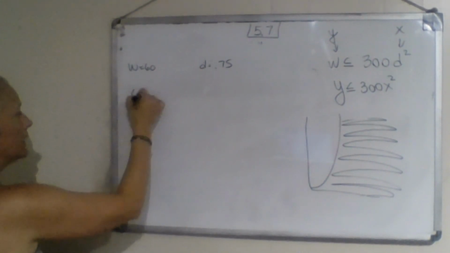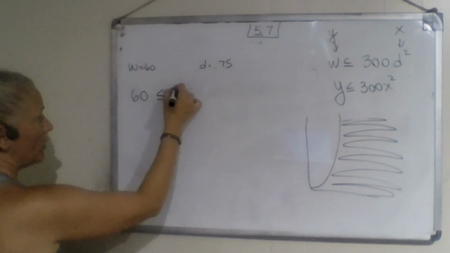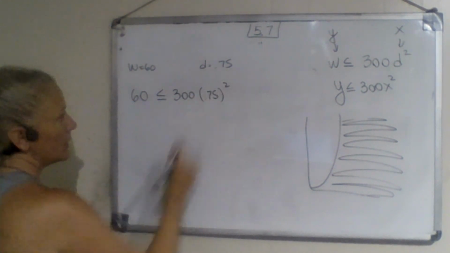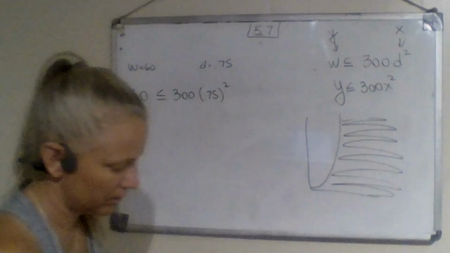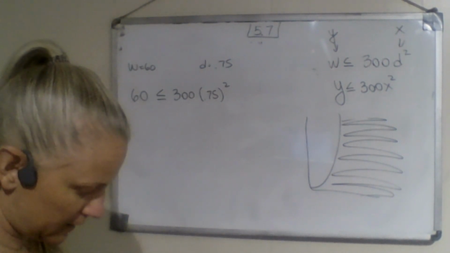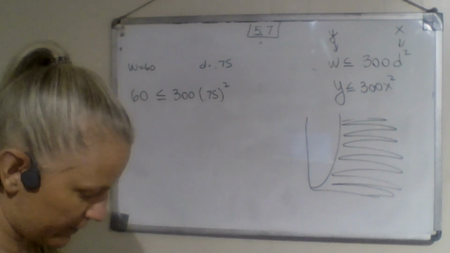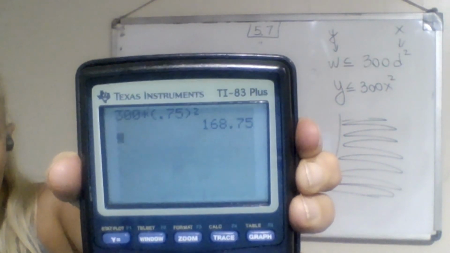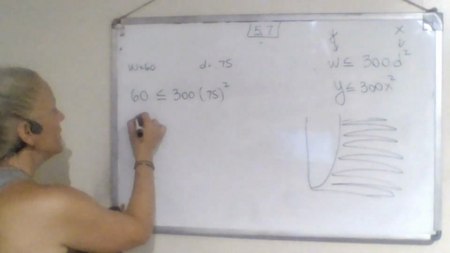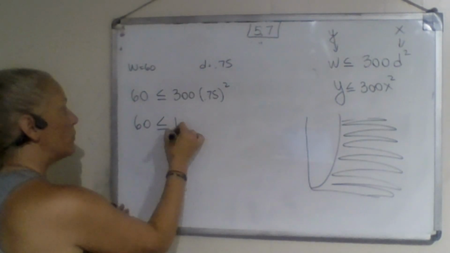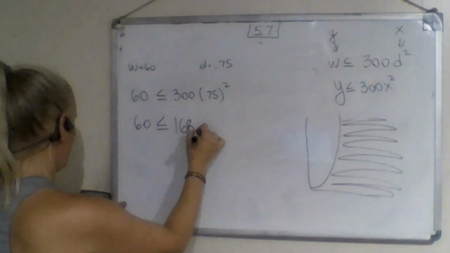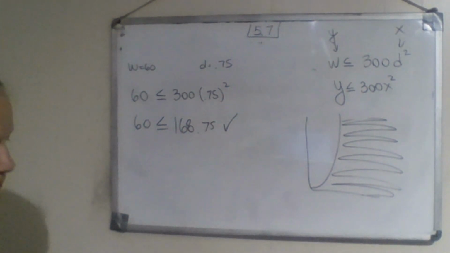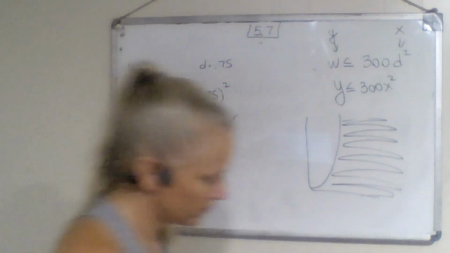So you put 60 has to be less than or equal to 300 times 0.75 squared. You're going to put this in the calculator: 300 times parenthesis 0.75 squared. If I do that math, I get 168.75. 60 is less than 168.75. So yes, it checks, right? It absolutely checks the inequality.